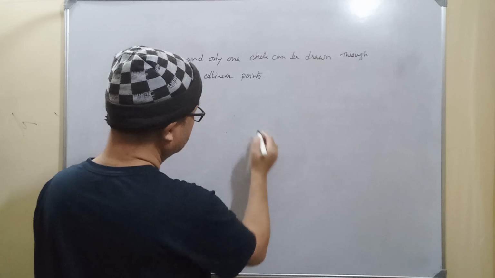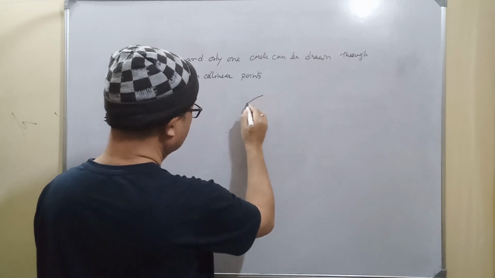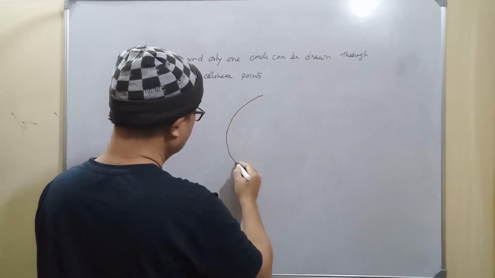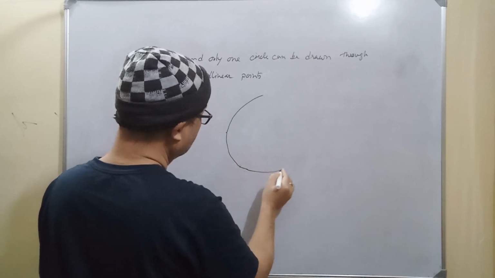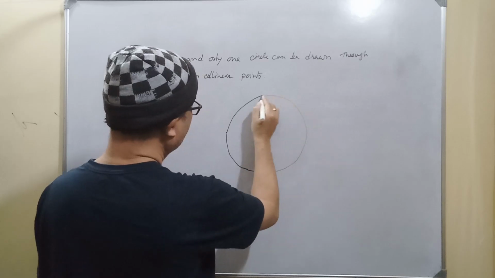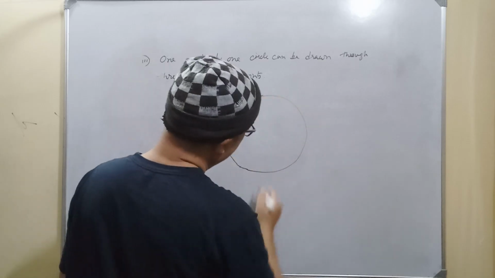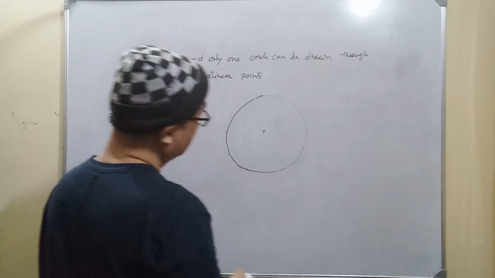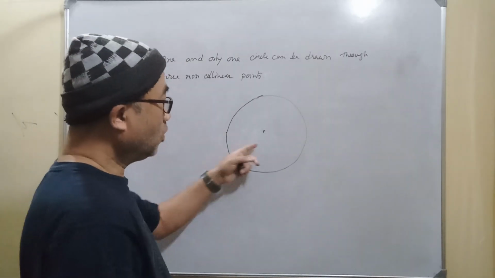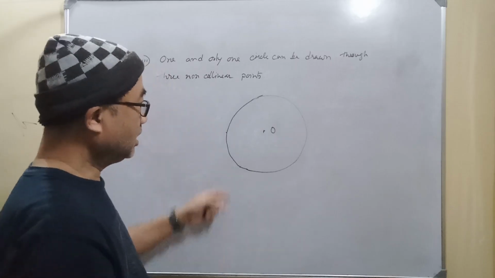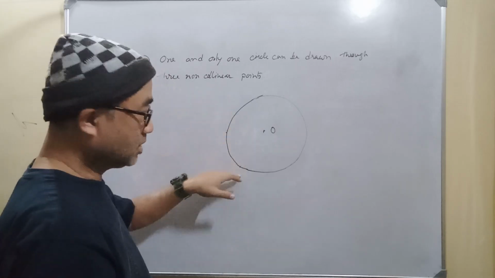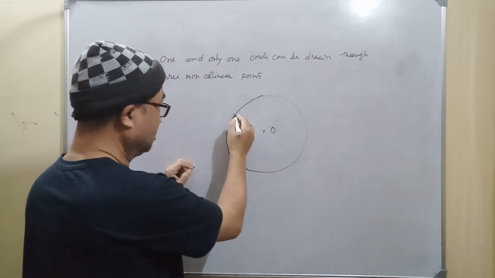Suppose these are non-collinear points, then we can draw only one circle through it. There is no way to draw more than one circle through 3 points.